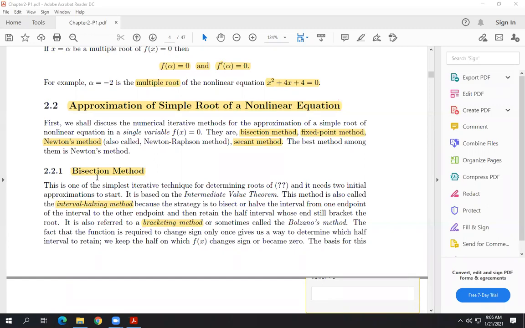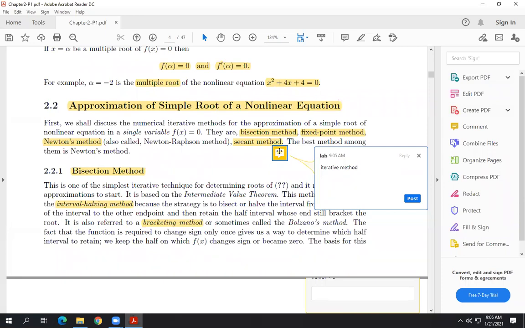Now, bisection is an iterative method. So as I say, you must know the 3 conditions, whether it is iterative or not. Yes, it is an iterative method. That is the first thing you must know. And when you know it is an iterative method, you must know how many initial approximations we need, that is, how many initial solutions are given by the teacher.